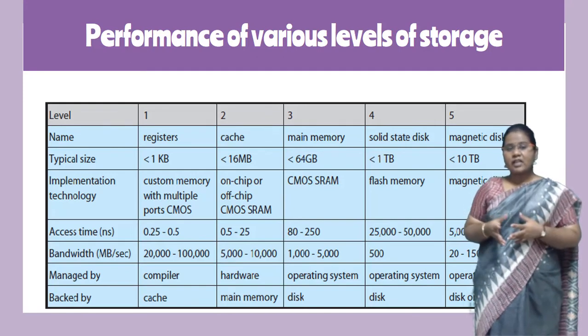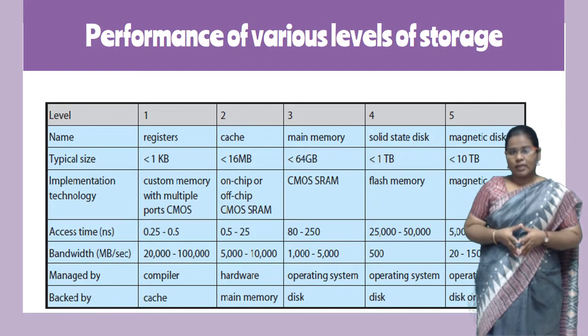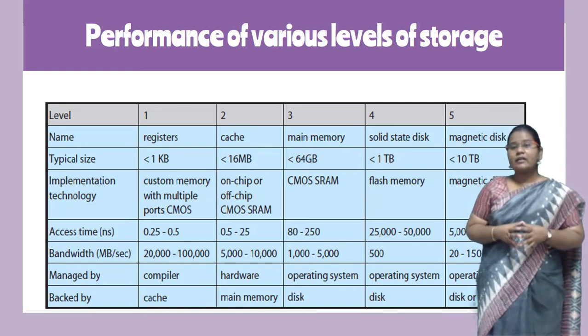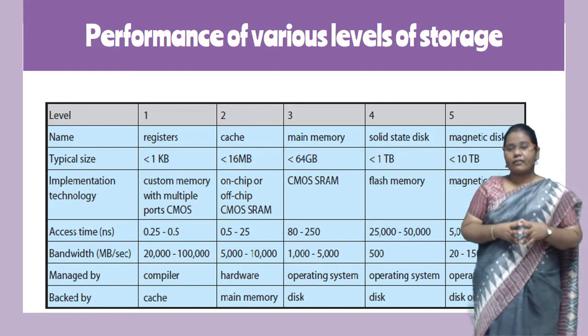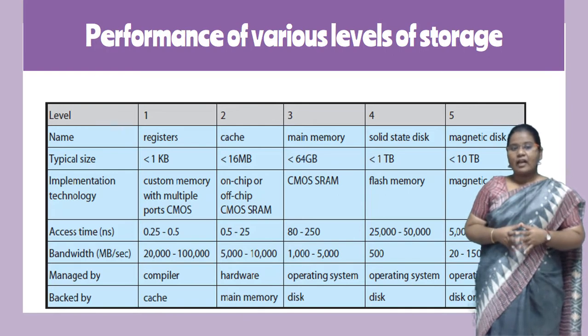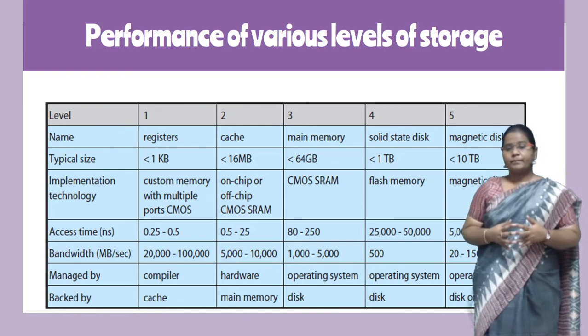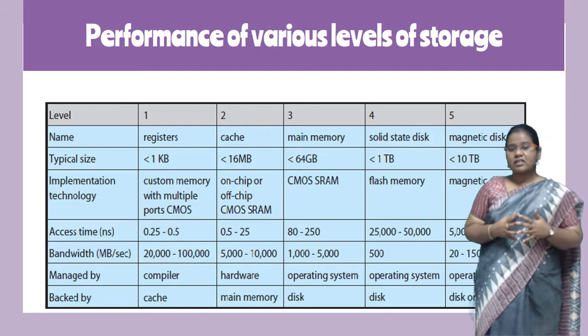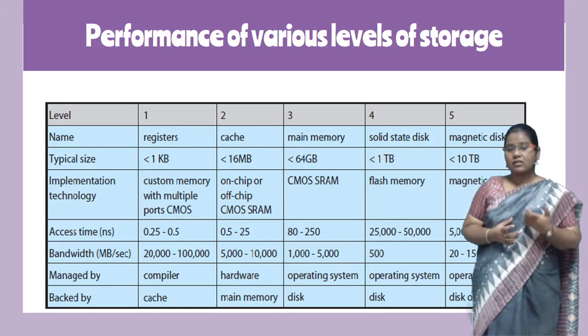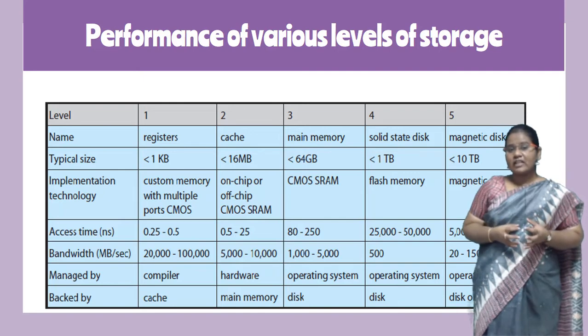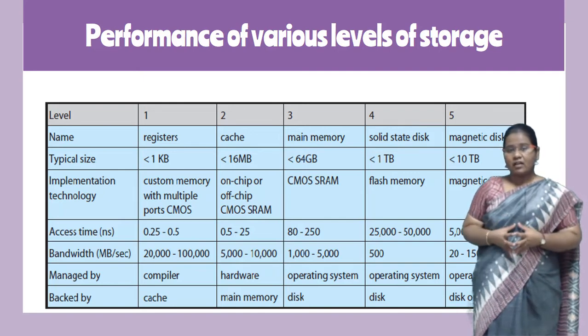If you observe this access time, the access time is very less for registers and it is more for the secondary storage devices. That's why the CPU will try to fetch instructions right from the main memory itself. And then bandwidth: registers have more bandwidth, that is, as the access time is small, more data can be transmitted per second.